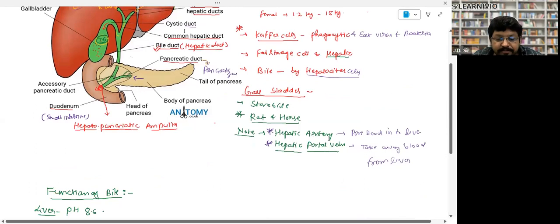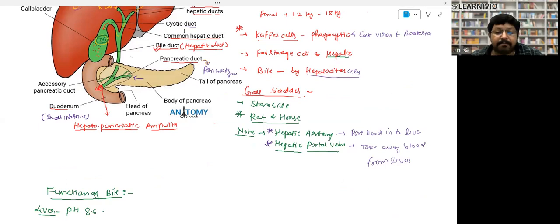Hepatic artery brings blood into liver from heart. This question has been asked. And hepatic portal vein takes away blood from liver.